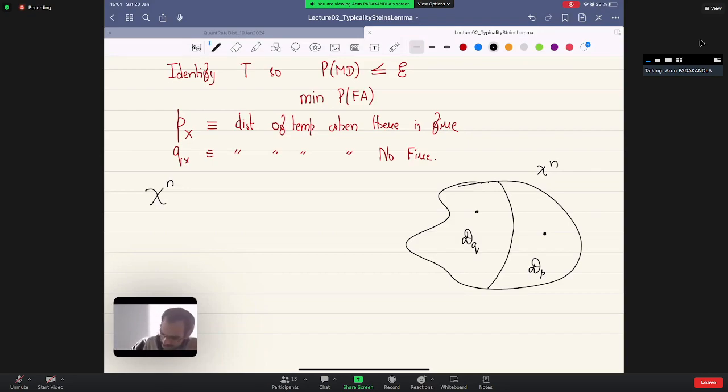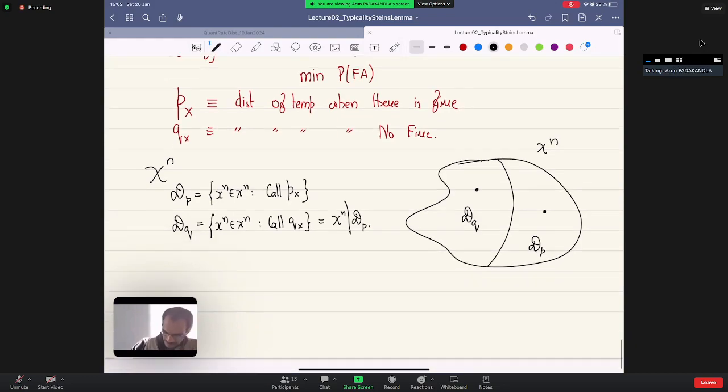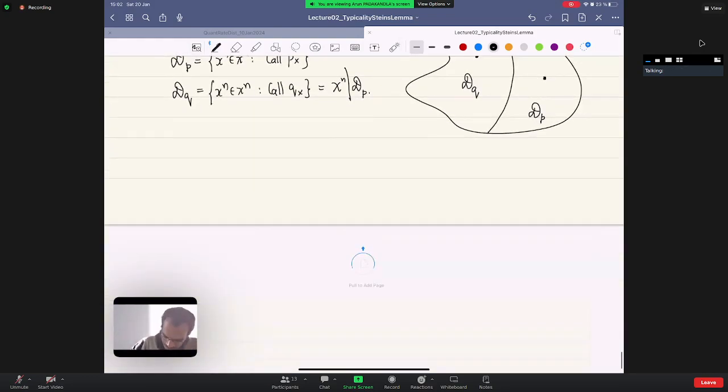So what do you want to ensure? This is your Dp: xn belonging to Xn such that you call P. And Dq is your decision region, xn belonging to Xn, where you call Q, and this is essentially Xn minus the set Dp. What is my constraint?